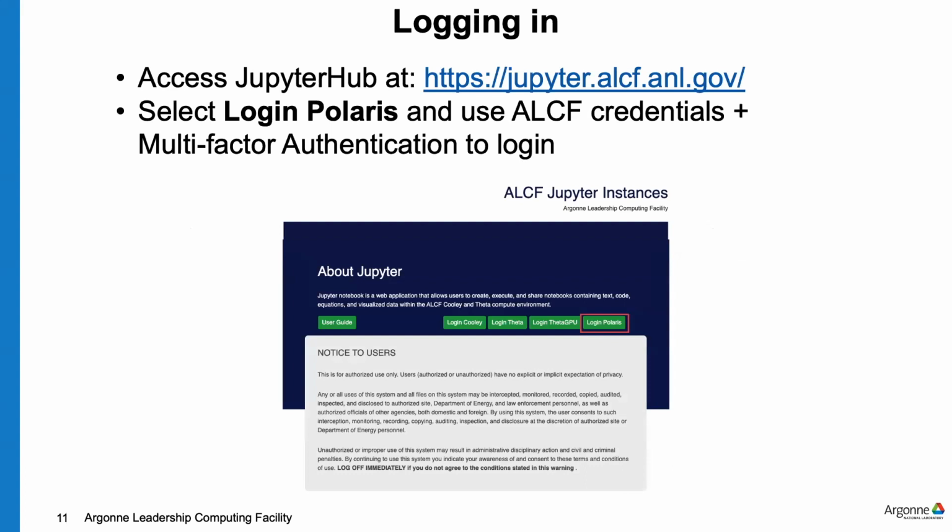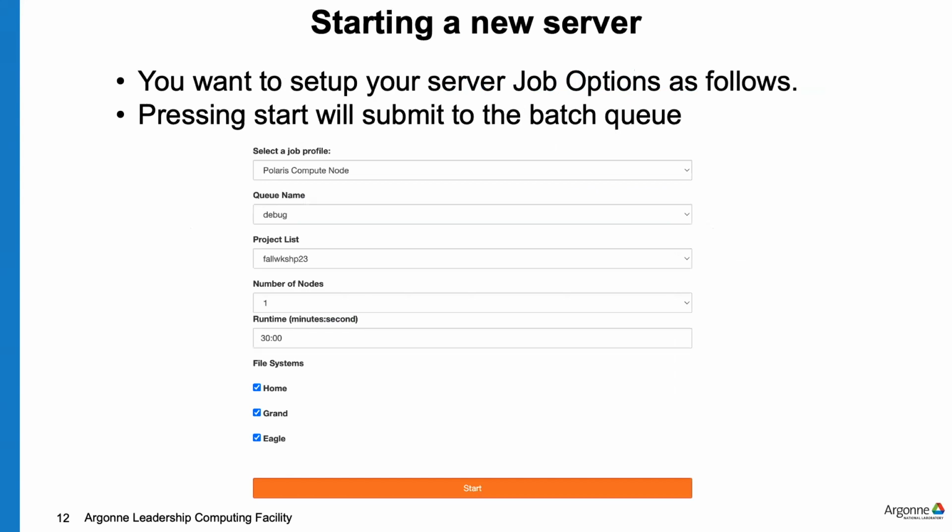When you're there, just log into Polaris, as you can see here. Then once you're in the login, it'll ask you, first off, to add your authentication. So you need to authenticate and log into the site itself. And then you can set up your servers, like your job options, as follows here.